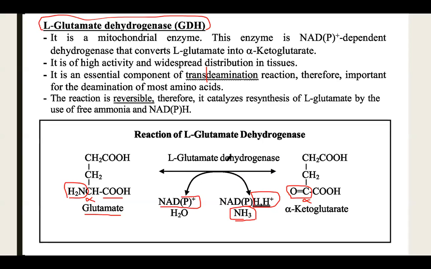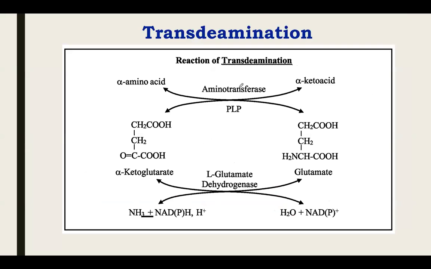Again, glutamate dehydrogenase: there is oxidation, removal of 2 hydrogen, which are carried on the NAD, and deamination, removal of the amino group in the form of ammonia. Okay? And then we get alpha ketoglutaric. The combination of both is called transdeamination, transamination and then oxidative deamination. This is a combination of two reactions, transamination or aminotransferase.